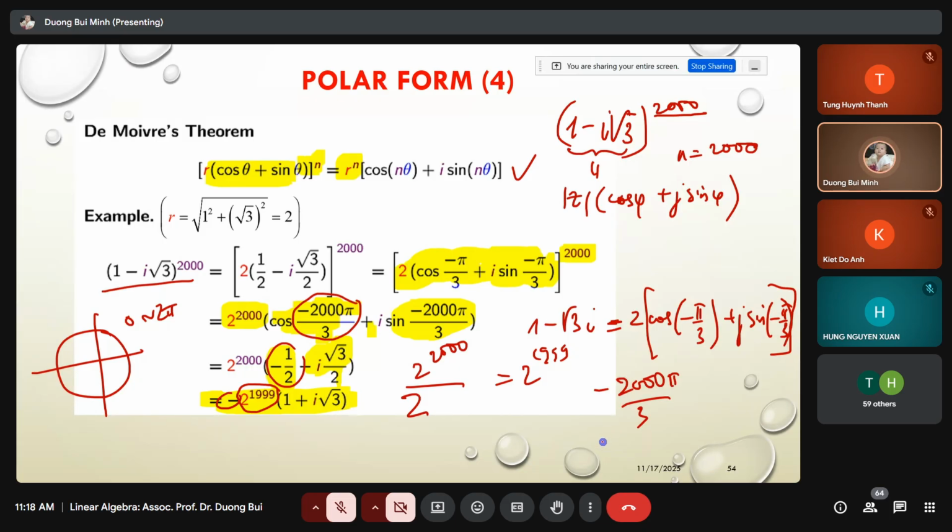Actually, we need to modify this one to become within the limitation of 0 to 2 pi.